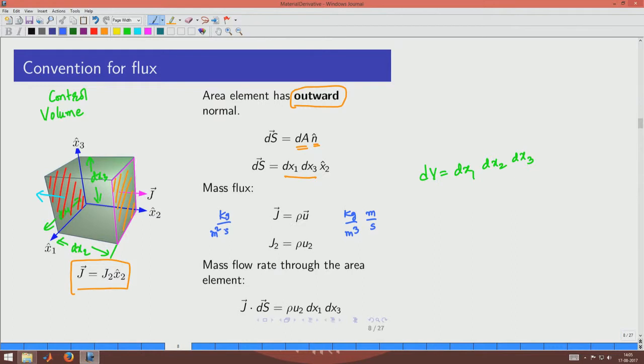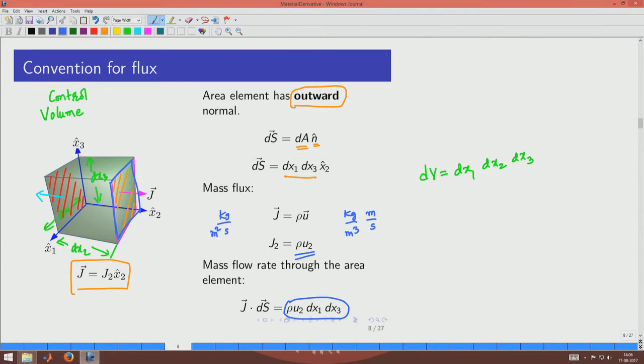So, that is mass flow per unit area per unit time, and in the case of the phase that we have indicated here, you see that the flux is given as rho times u2, where u2 is the velocity of the liquid going through this particular phase, and the area of the phase is dx1 dx3. So, the mass flow of liquid through this phase of the control volume is given by the expression rho u2 dx1 dx3.